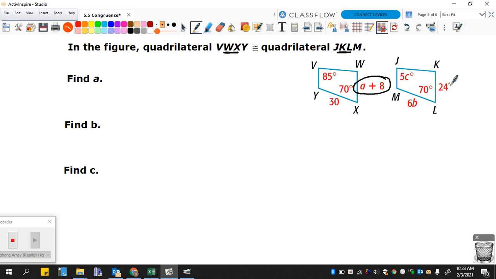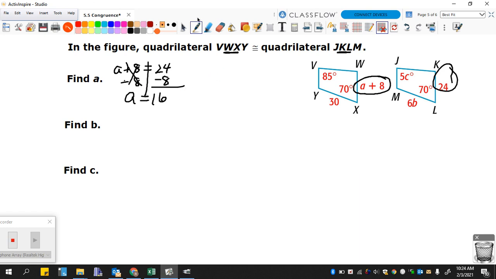KL is 24. So we say A plus 8 is equal to 24. We solve it by subtracting 8. The 8's cancel out, and A is equal to 24 minus 8, which is 16.